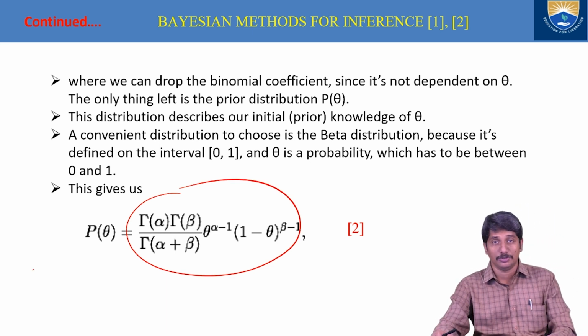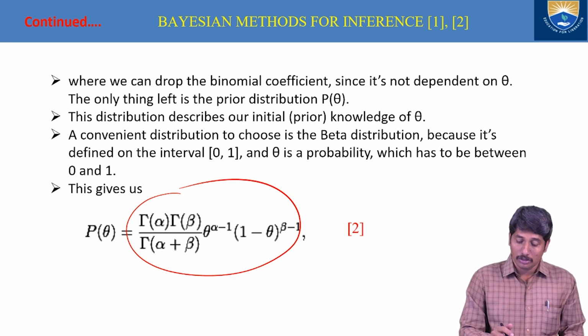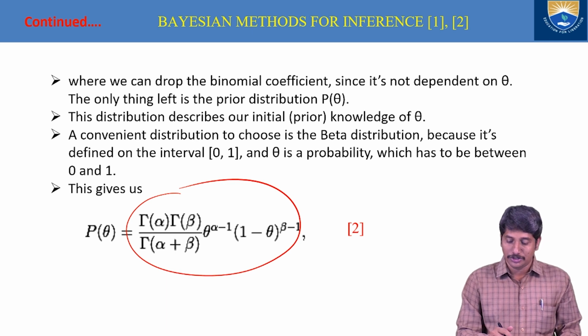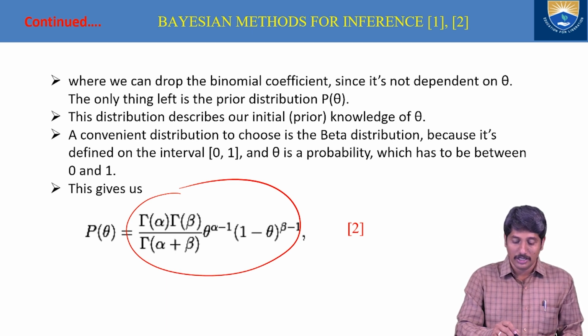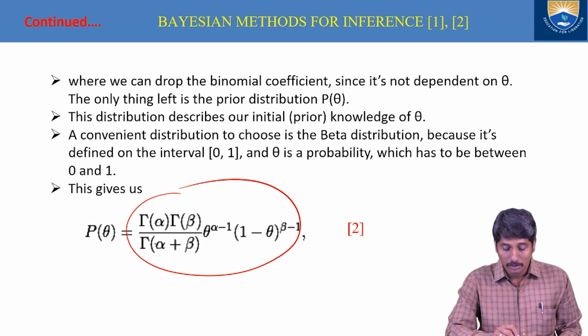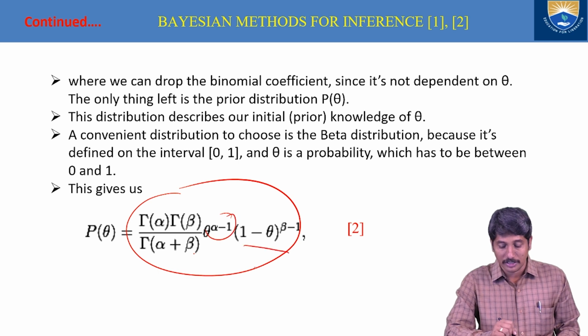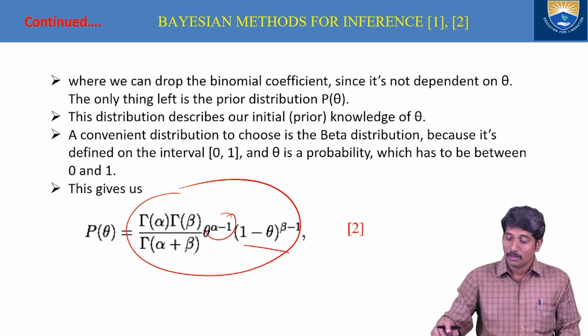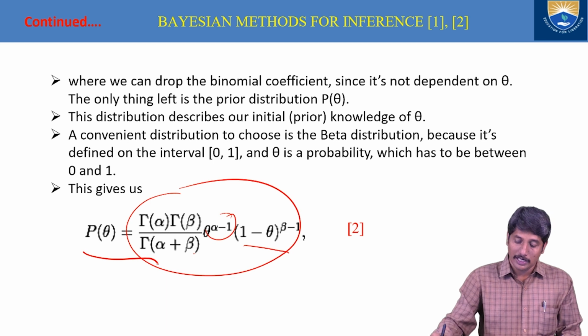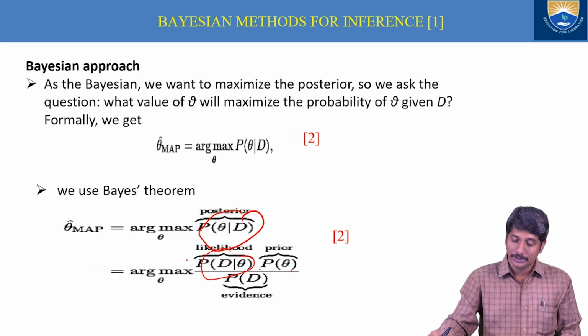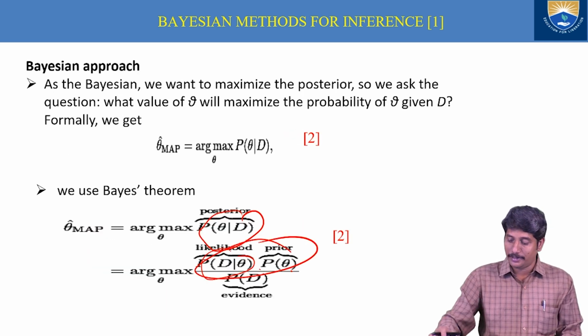P of theta will be gamma of alpha plus beta by gamma alpha into gamma beta, theta power alpha minus 1 into 1 minus theta power beta minus 1. So we have P of theta as well as P of d given theta, which we can substitute in the numerator.